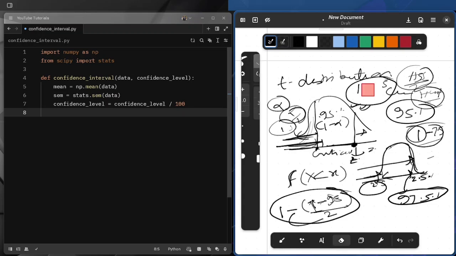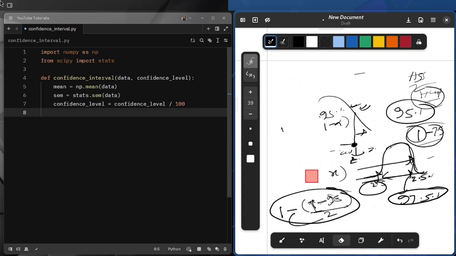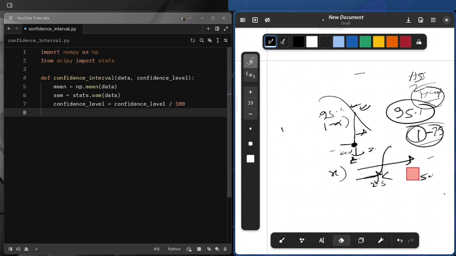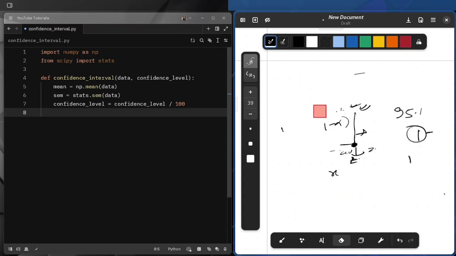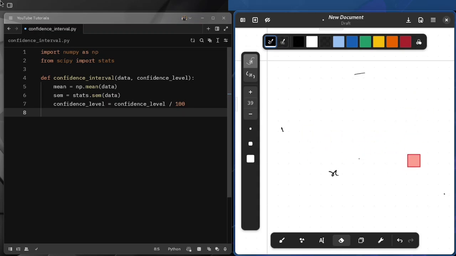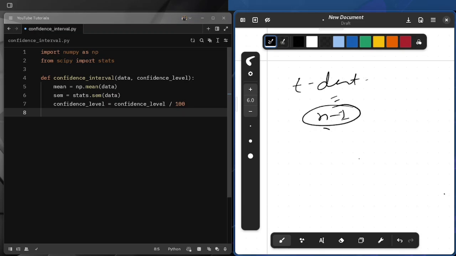So we use this 1 plus 95 divided by 2. Now let's say we have t distribution. For the t distribution, we also need degree of freedom, which is usually n minus 1. And for the normal distribution, we only need the cumulative probability.